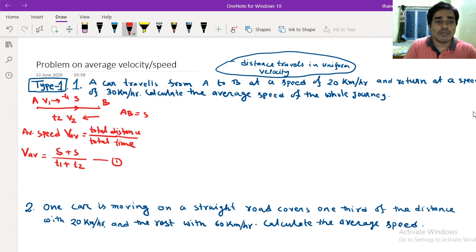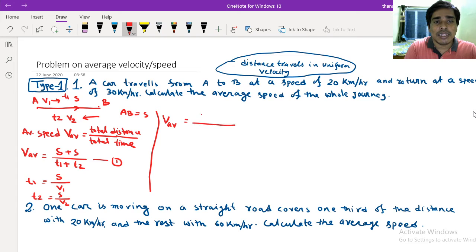Now you have to calculate the time t1. What is t1? t1 will be s by v1 and t2 will be s by v2. Then putting in these values, V average will be 2s divided by (s by v1 plus s by v2).